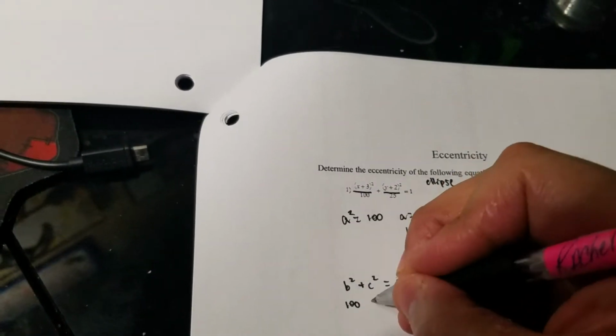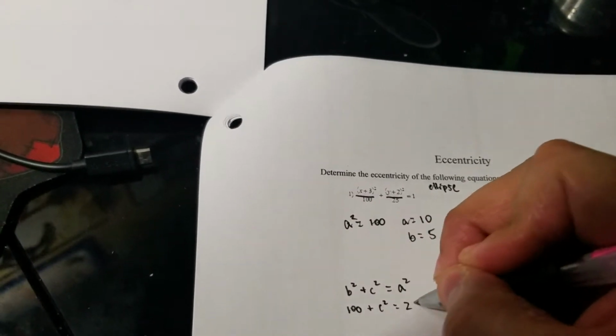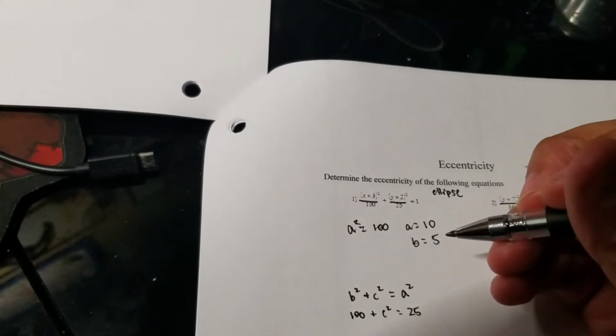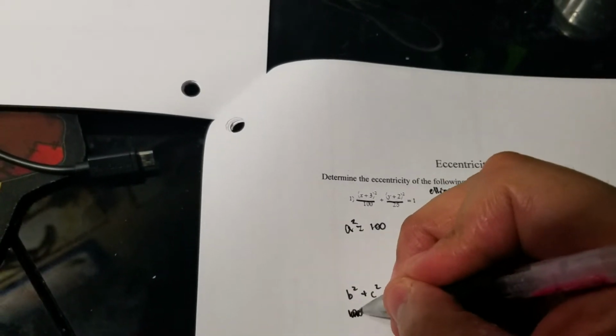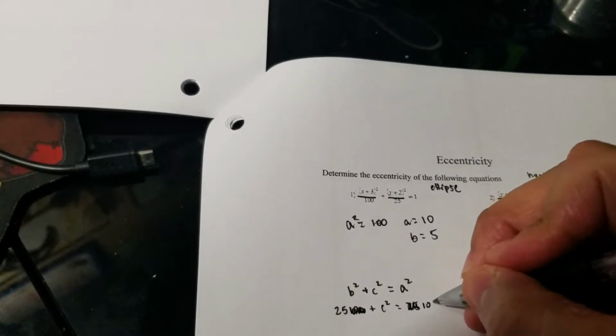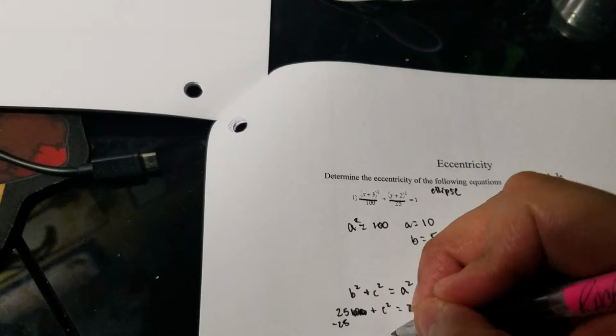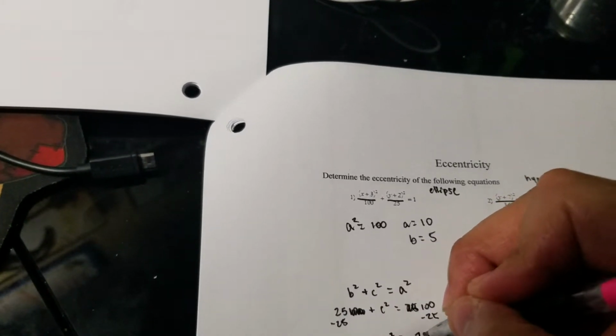So 100 plus C squared equals 25. I'm sorry, this should be the other way around. My fault. So if I subtract 25, my C squared value is equal to 75, so my C is equal to the square root of 75.